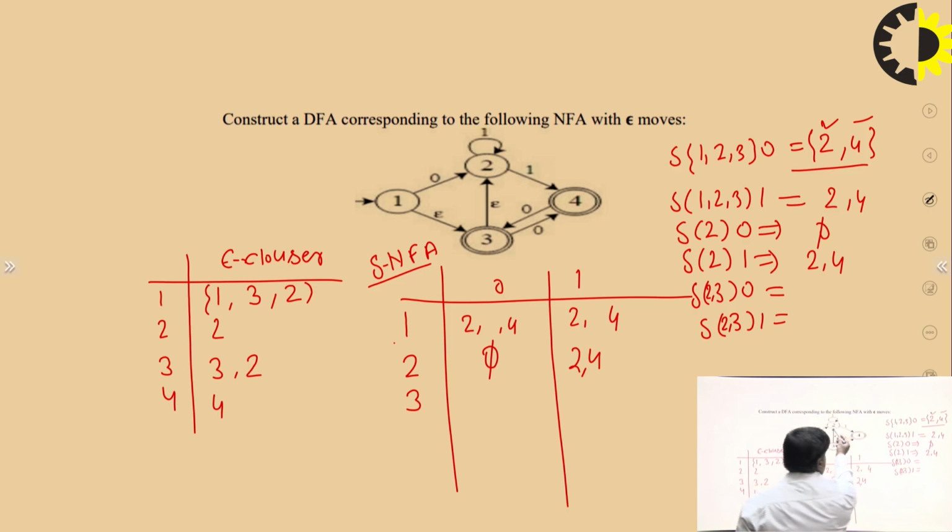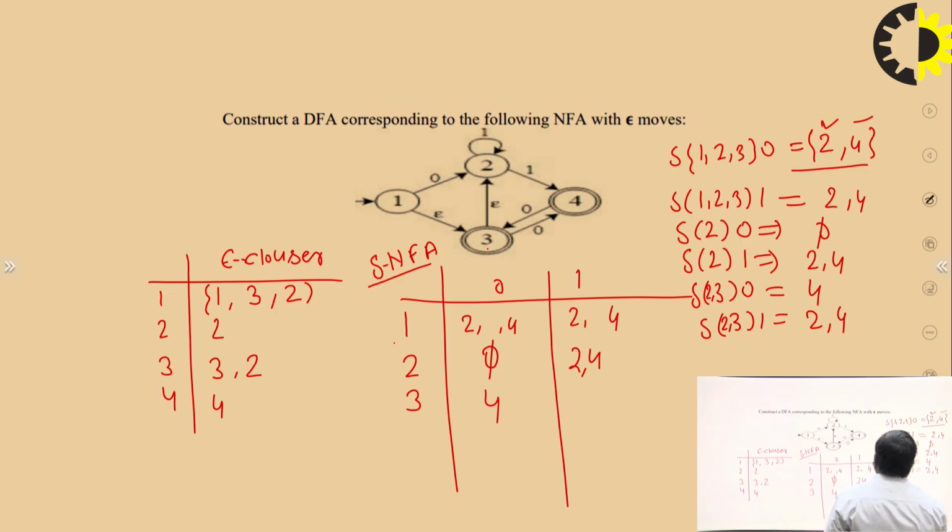For 2, the transition on 0 is not available, and from state 3 we find 4. The closure of 4 is 4. For the transition on 1, state 2 goes to 2 and 4, and state 3 has no transition on 1.